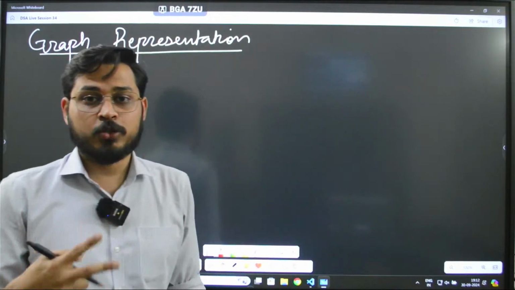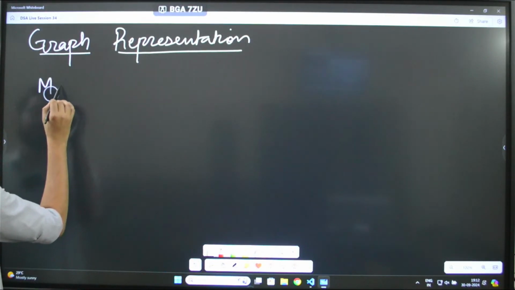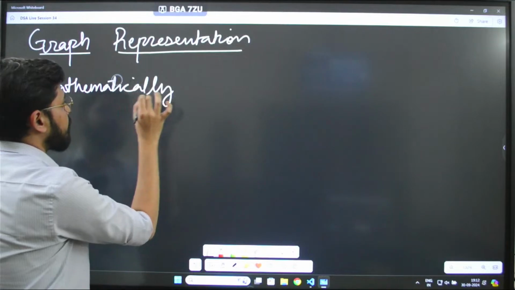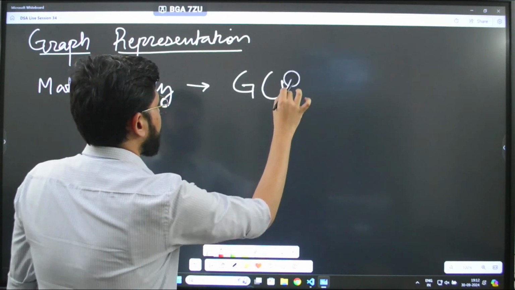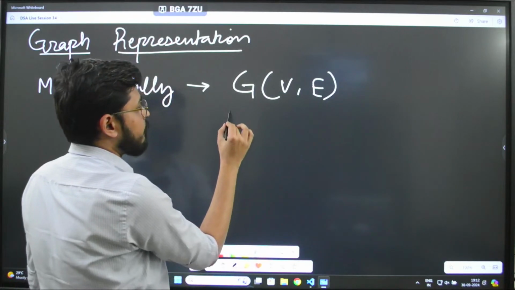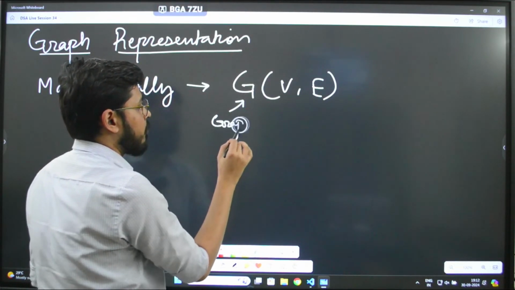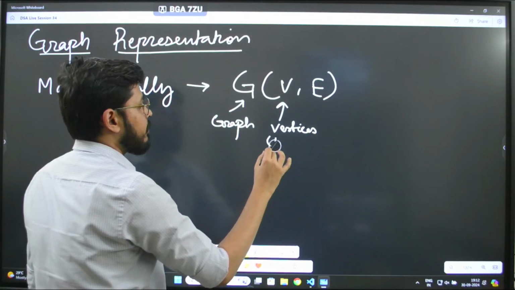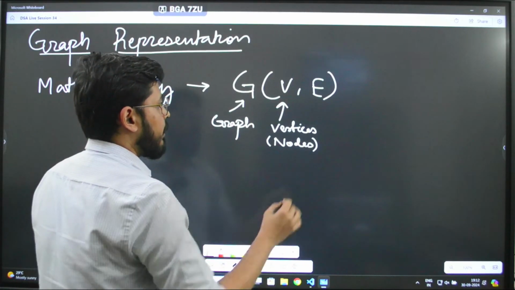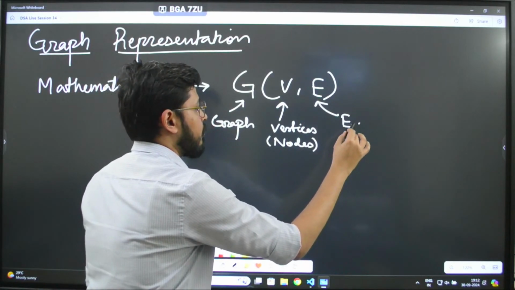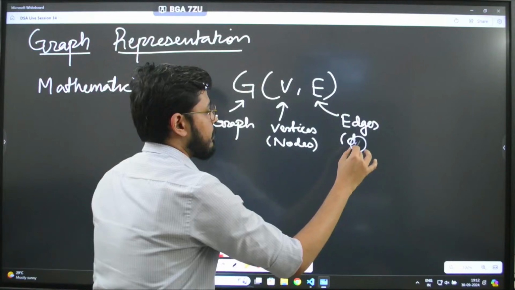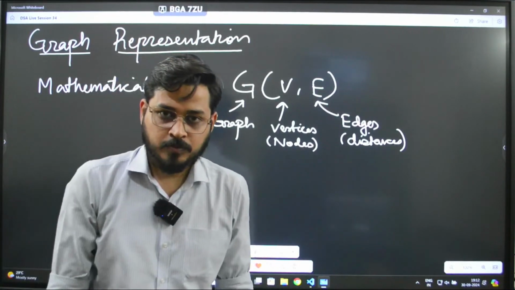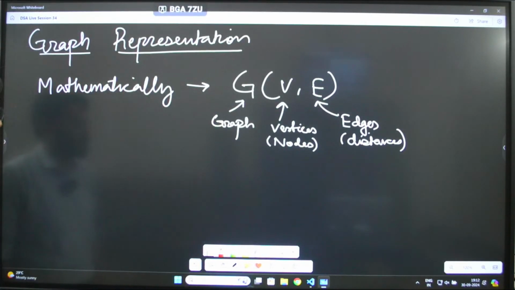Before that, mathematically, graphs can be represented as G(V, E), where G stands for graph, V stands for vertices, or in this case nodes, and E stands for edges, or the distance between two nodes. Okay, we have understood about this.